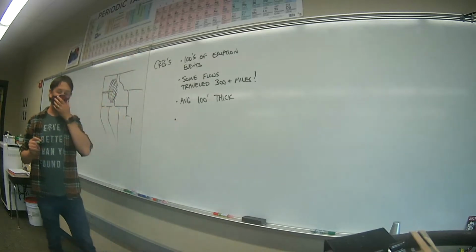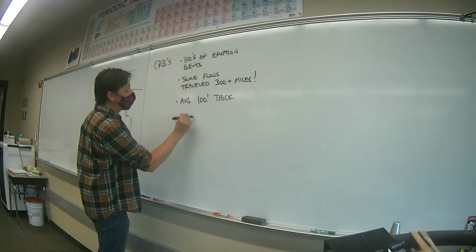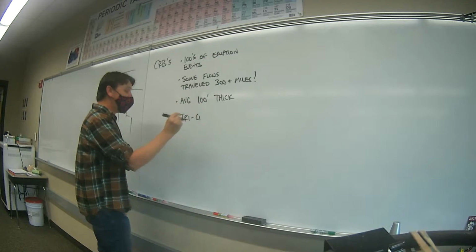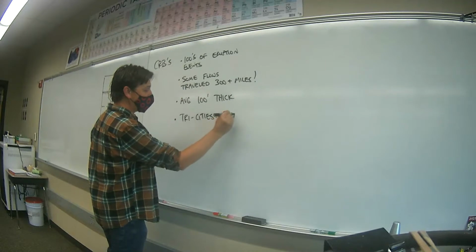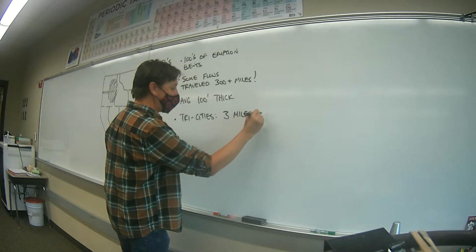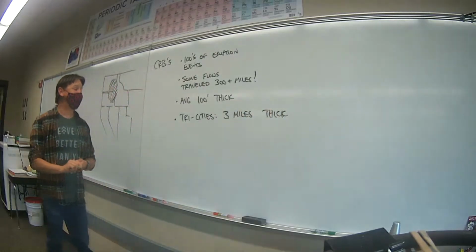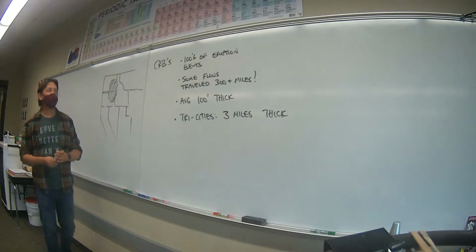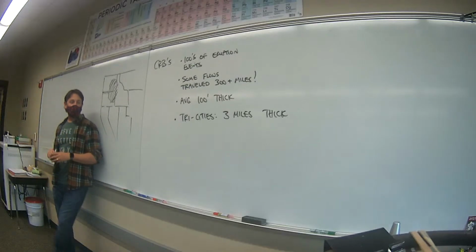How thick is the whole deal? Like how much basalt are we talking here? So the Tri-Cities, where I was this last weekend, is built on 3 miles of basalt. 3 miles. 15,600, nearly 16,000 feet of basalt.